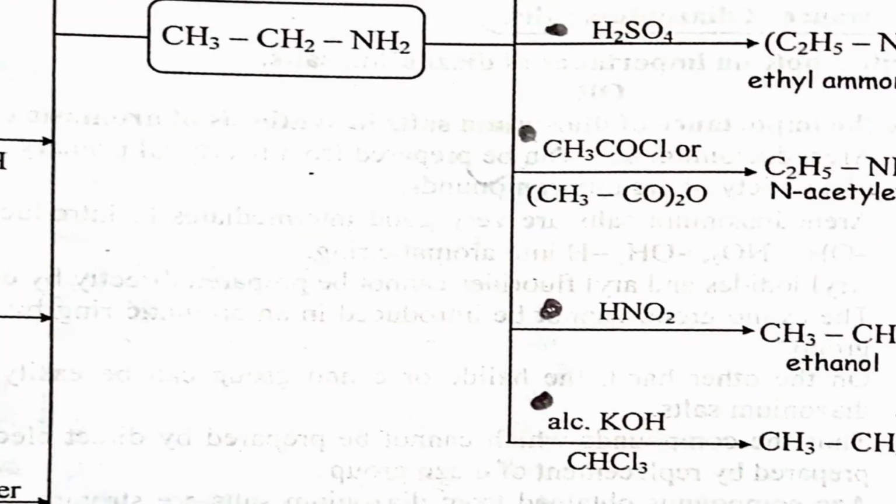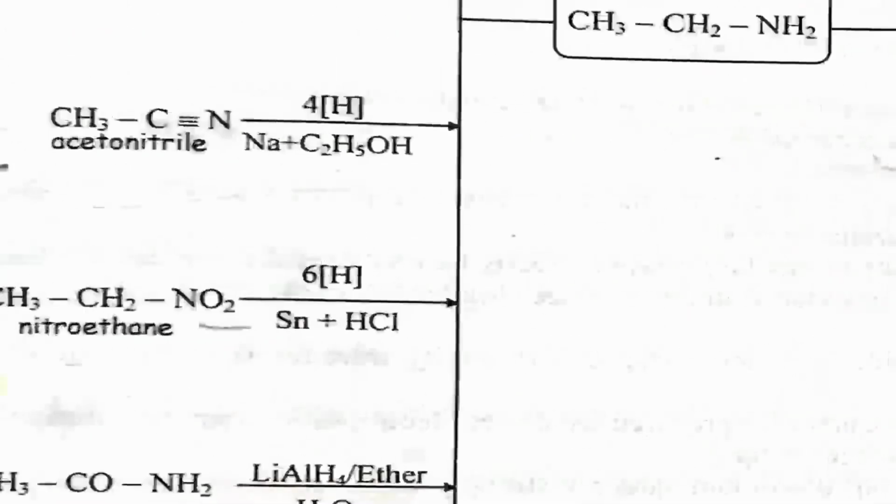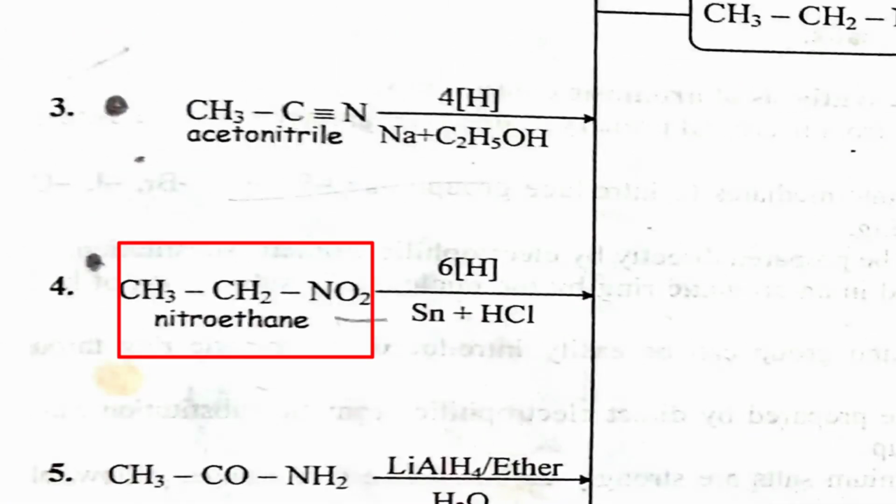Now here, in summary, we are talking about some of the reactions that occur in aromatic as well as aliphatic amines. In aromatic amine, method of preparation number 4, a similar reaction also occurs in aromatic compounds. Similarly, here the nitrophenol will come.